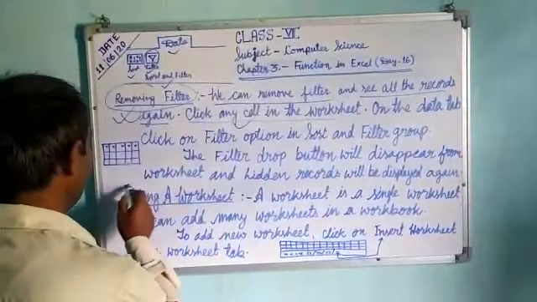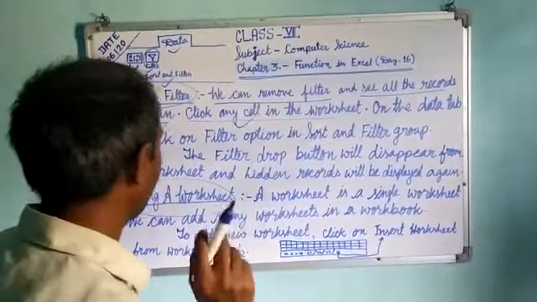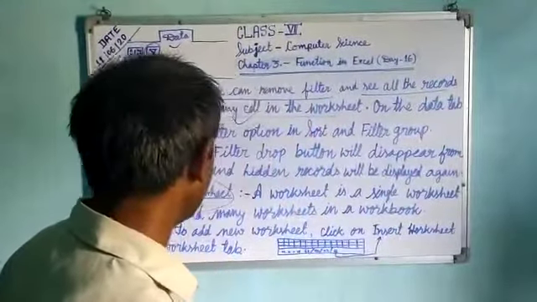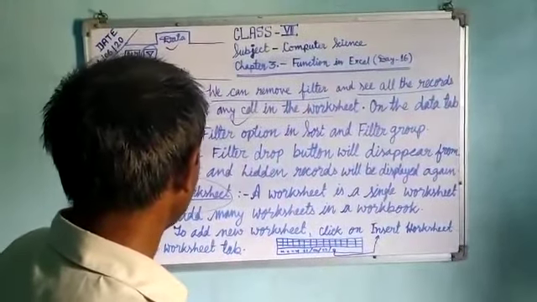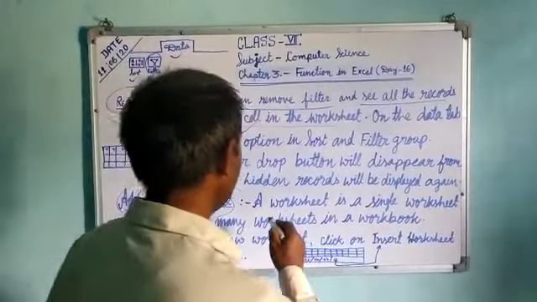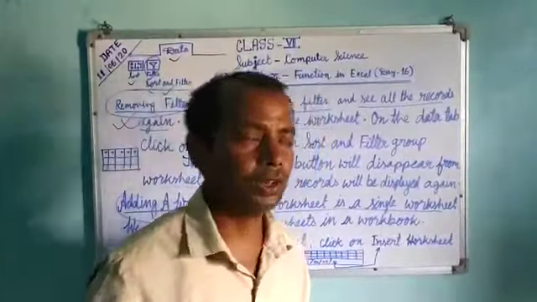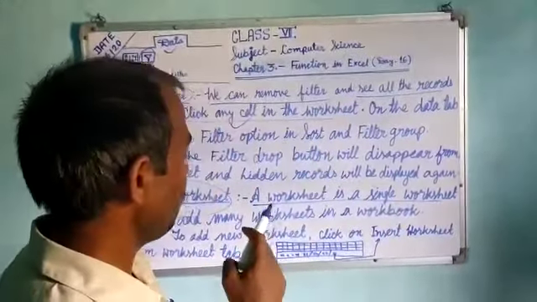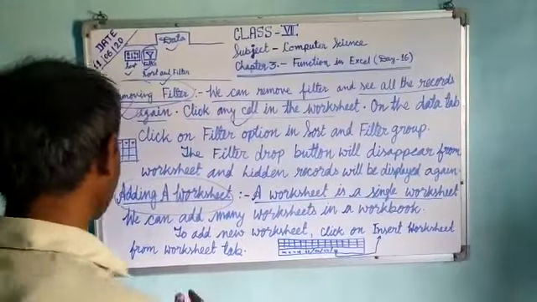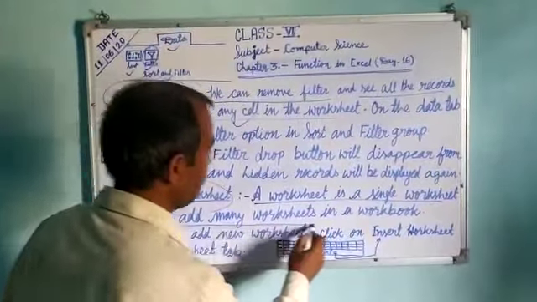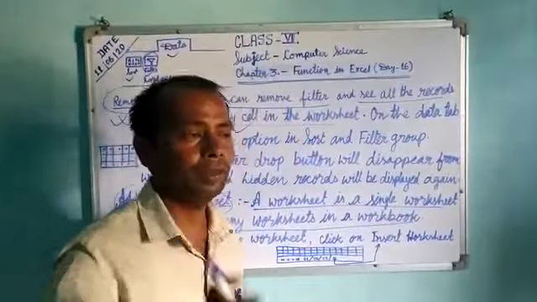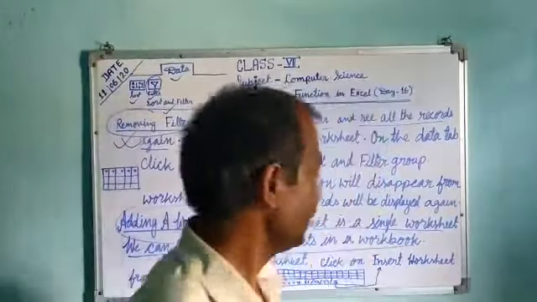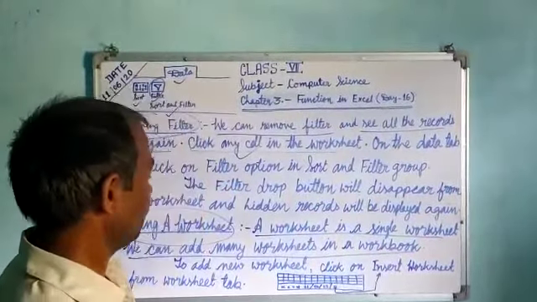Okay, now adding a worksheet. We are working in Excel, so we have a main sheet where we do our work. That is the worksheet. A worksheet is a single page where we can do work. We can add many worksheets in a workbook, and collectively we call it a workbook.